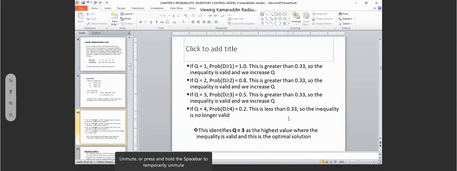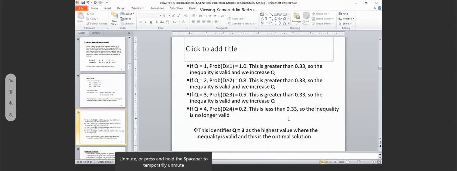At the Q equal to 3, the probability will be 0.5, and this also is greater than 0.33, and the inequality is valid, and we increase the Q to Q equal to 4.